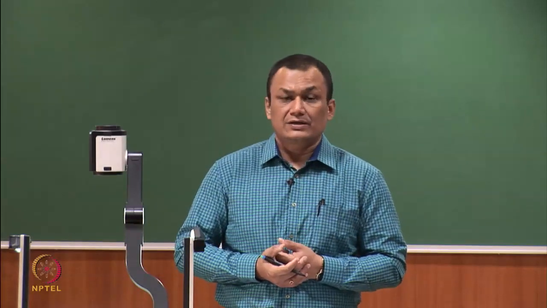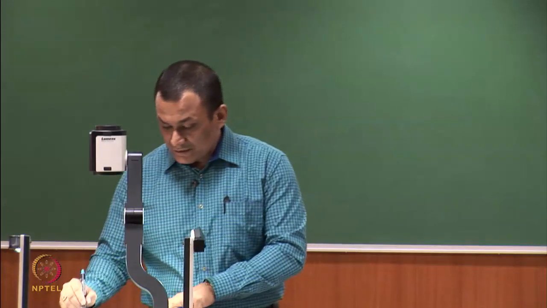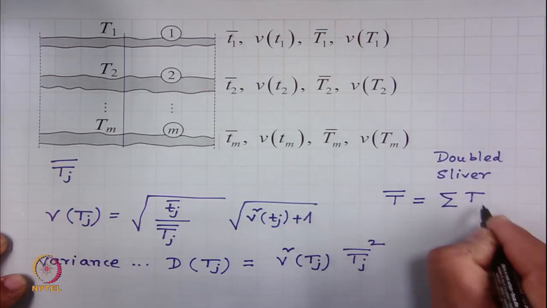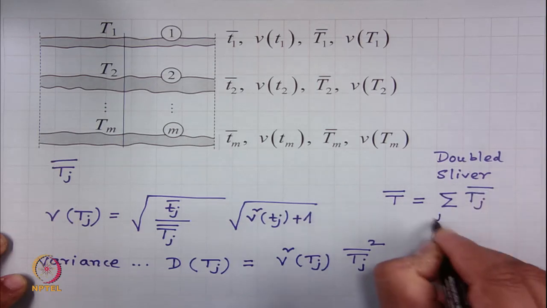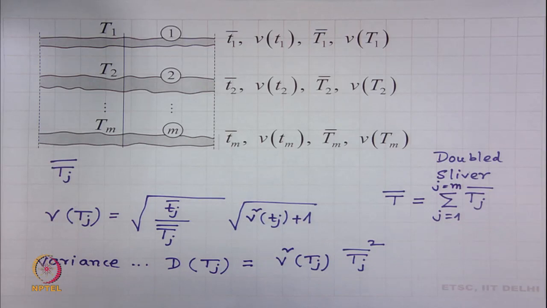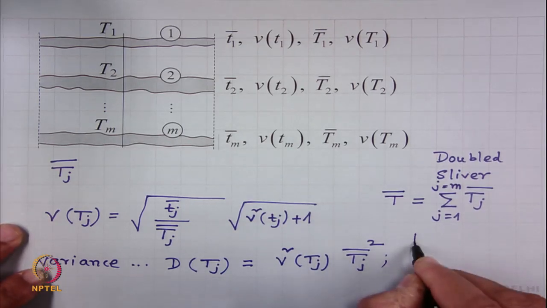That double sliver will also have a mean of sliver fineness. That mean T bar will be equal to the summation of all means, and it will also have a variance.